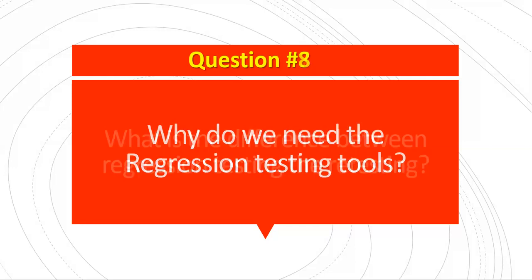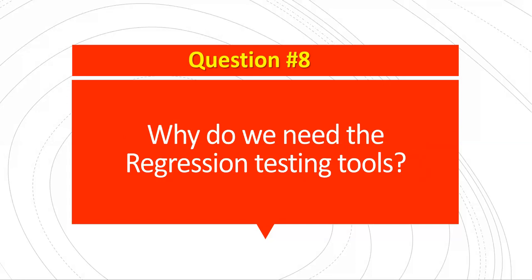So the next question is, why do we need regression testing tools? As I said before, regression testing is always a time consuming process and we need to put in a lot of effort, because in every build we will definitely have new features and some bug fixes, so we have to conduct regression testing on them. When you do regression testing manually, it will take a lot of effort and time in each and every build or cycle.